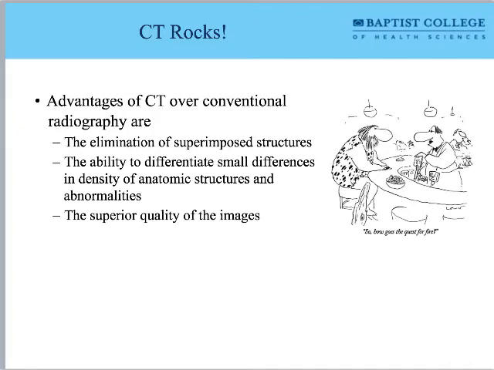The ribs are also superimposing portions of the lung. Everything's kind of overlapping. I'm seeing this one two-dimensional image, but there's a volume of anatomy represented in two dimensions. So stuff overlaps. That's what superimposition means. In CT, we're able to get rid of that.